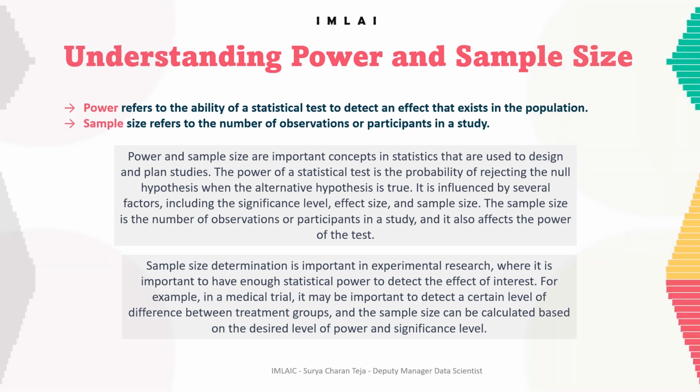So before we wrap up, there are two types of measuring the sample size. One is simulation based, the other one is analytical methods. These are the two different types: one is power analysis, the other one is simulation based. Analytical method is nothing but the power analysis.